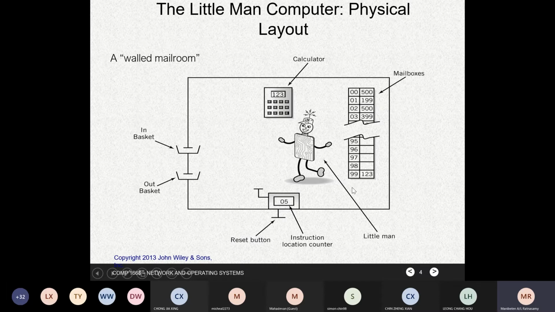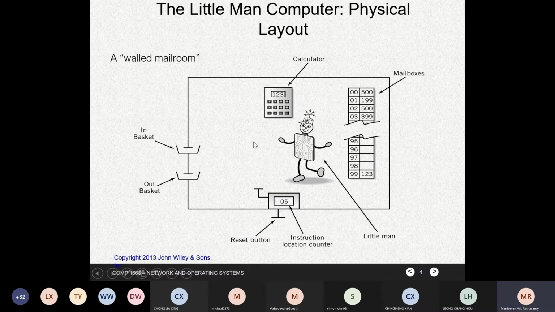You have numbers to identify each mailbox, and you have some data inside the mailbox. And because this is fully manual, you need a person, a little man, known as the little man computer, LMC, to operate this whole operation.